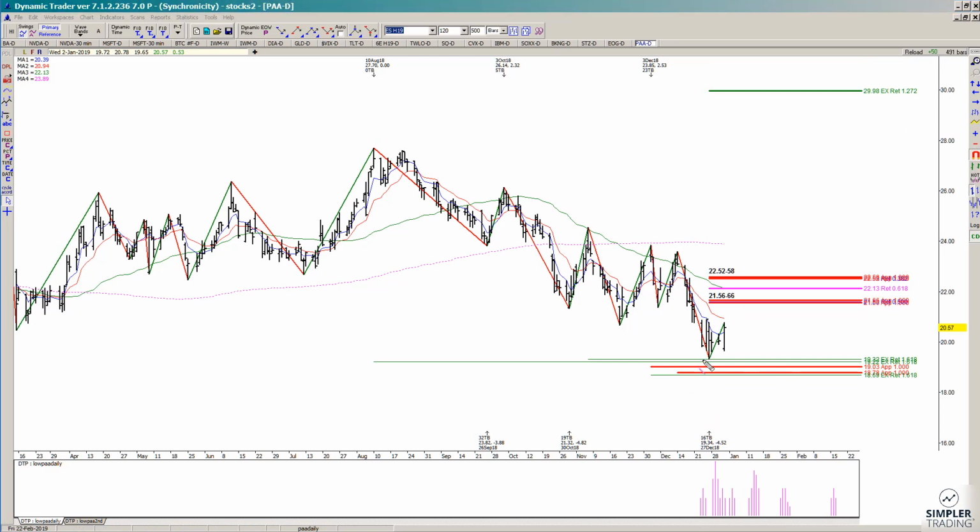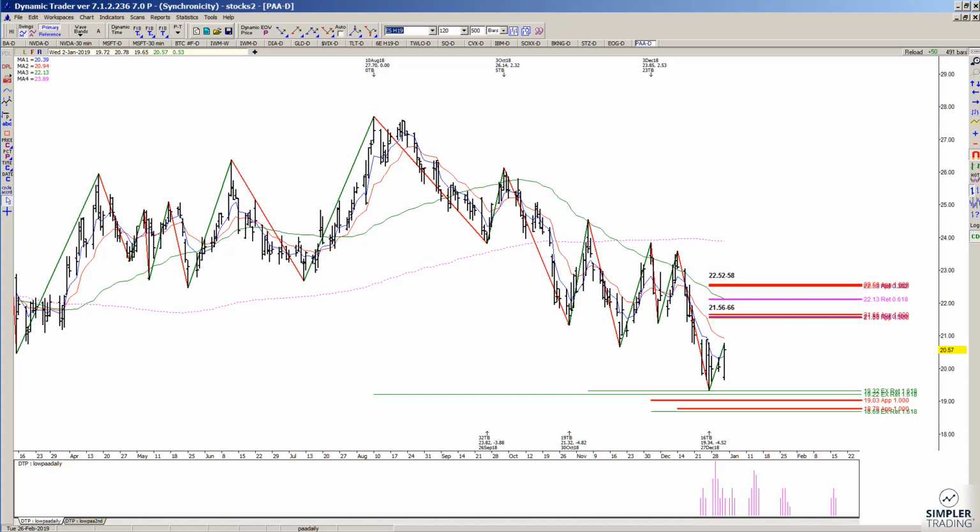So yes, we have a case for a bit of a rally off of this $19 area, but the other thing you can do is look at the next trend setup, which comes from taking 100% of these prior rally swings within the downtrend. And we also look for overlapping retracements of some of these prior swings. And there are a couple of areas that you would look at above the market for your next decision.